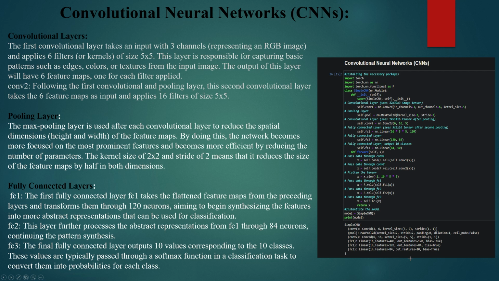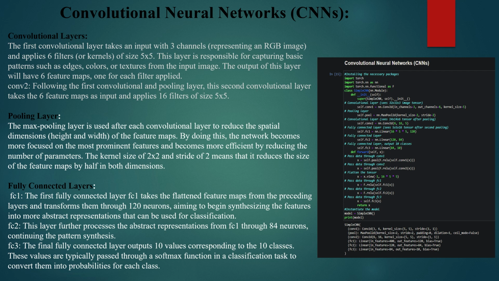The max pooling layer is used after each convolutional layer in order to reduce the spatial dimensions. By doing this, the network becomes more focused on the most prominent features and becomes more efficient by reducing the number of parameters. So the data flows through the network starting with the input image passing through the convolutional 1 layer, followed by the pool layer, then through convolution layer 2, followed by another max pool layer.